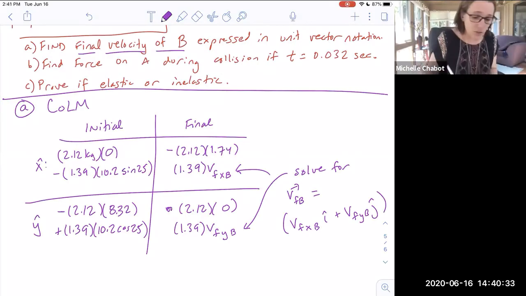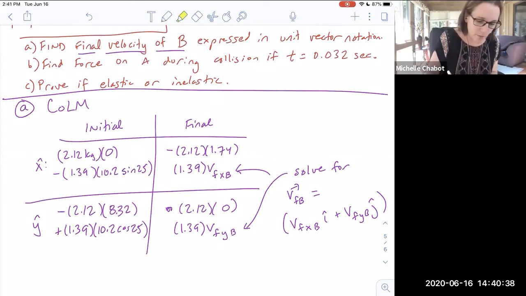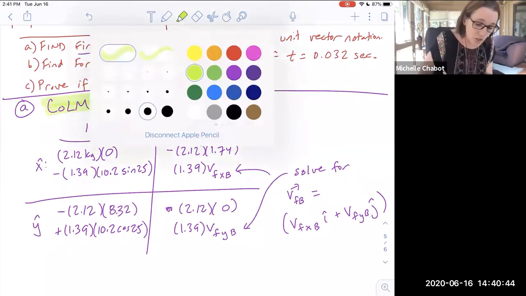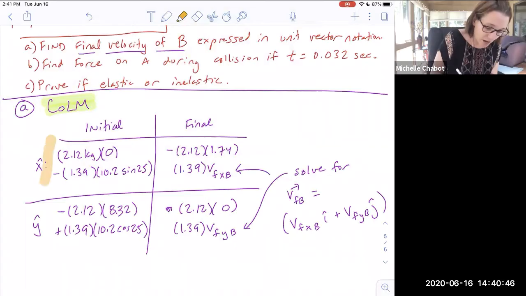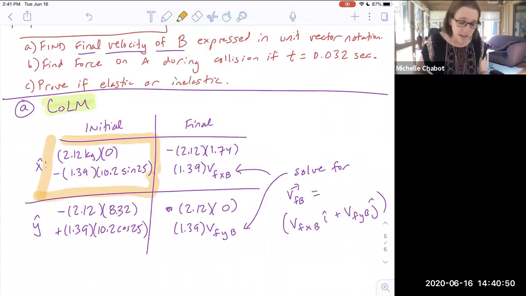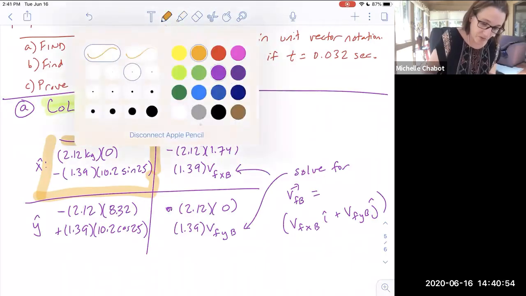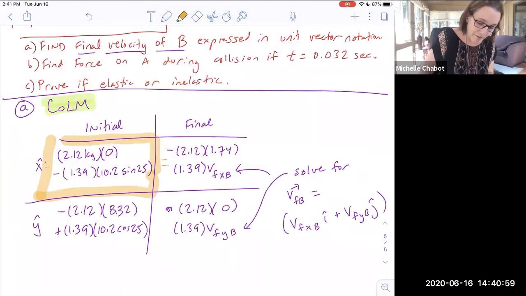So all I need to do now, and the reason for organizing every single conservation of linear momentum problem with this table, is that I can take the sum of all of my initial momentums in x, and I'm going to set them equal to the sum of all of my final momentums in x.